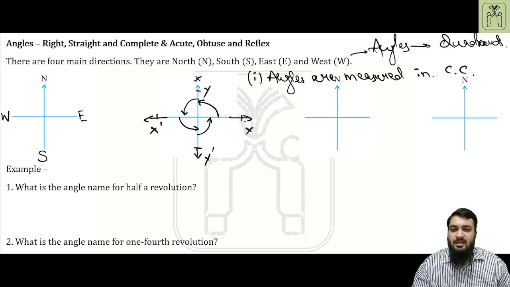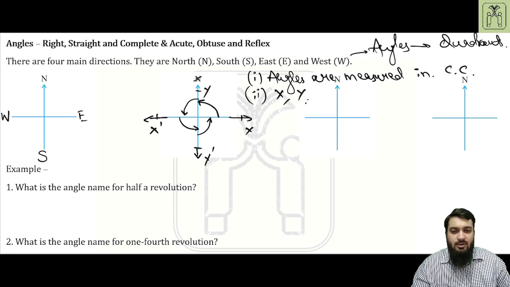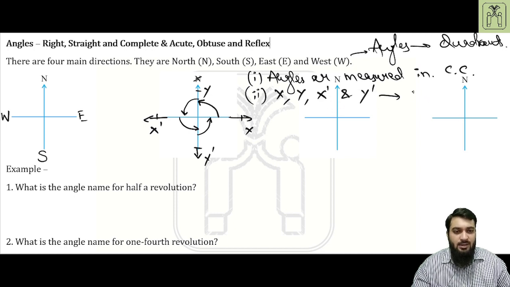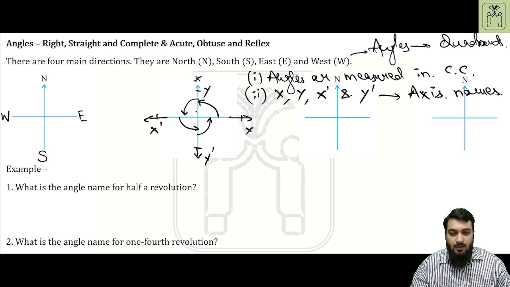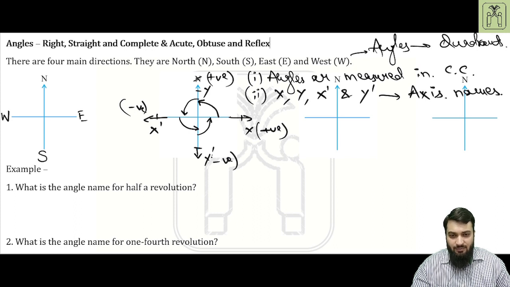The third thing is that I should write here x, y, x dash, and y dash. These will be the axis names. The x-axis represents the positive, the y-axis represents the positive, x dash represents the negative, and y dash represents the negative.